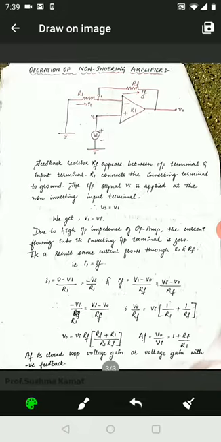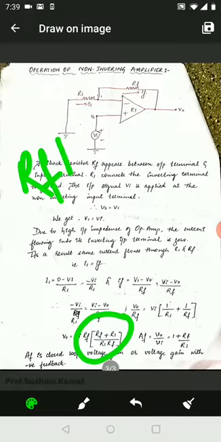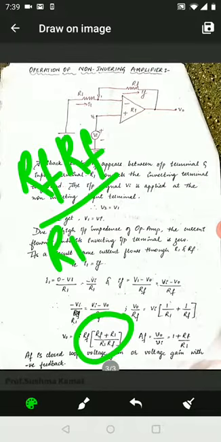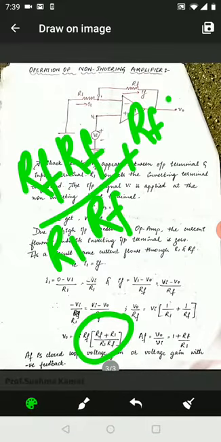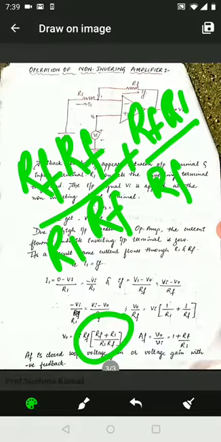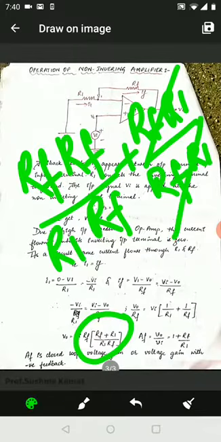Let me try to make it simpler for you all. This multiplication I will show. It is Rf into Rf divided by R1 into Rf, plus Rf into R1 divided by Rf into R1. As I have multiplied the terms, this and this get cancelled.